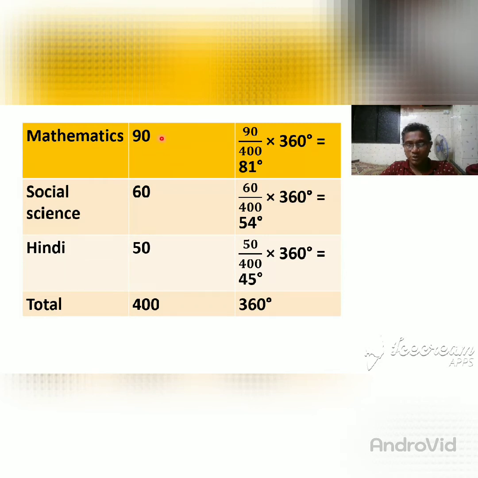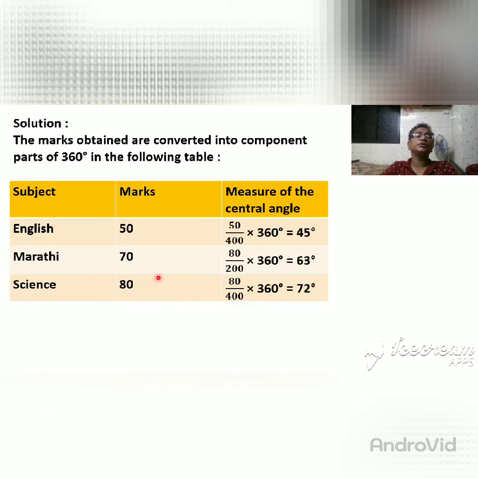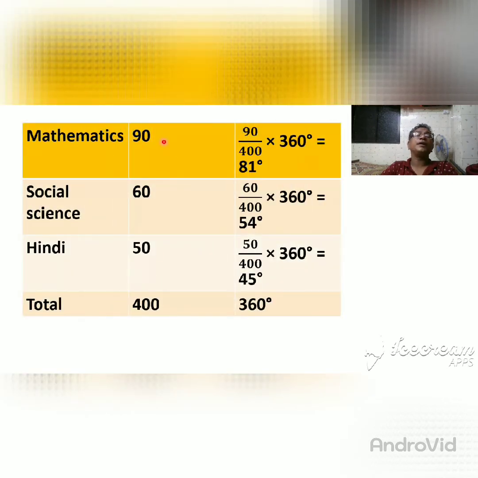When we sum these, the sum is 400. We sum first 50 plus 70, 70 plus 80. Afterwards 90 plus 60, 60 plus 50. So the total is 400. Do you understand how we get the total 400?